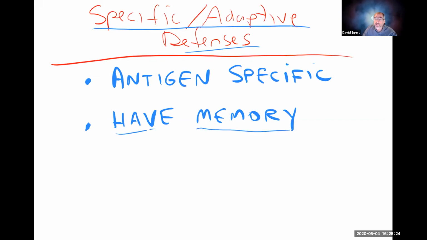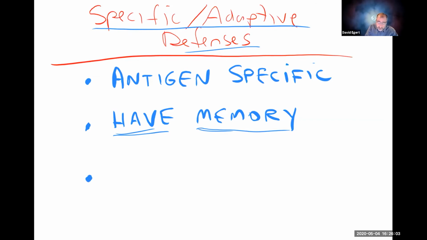So if you ever encounter that same antigen again, the system can almost instantly ramp up its defenses and you never get sick in the first place. And that's how vaccines work. We're going to talk about vaccines in just a few moments in more detail. But basically, the vaccine is about giving your immune system memory without hopefully making you sick in the first place. So then if you ever encounter that particular antigen, you will be able to take it out before it makes you sick.